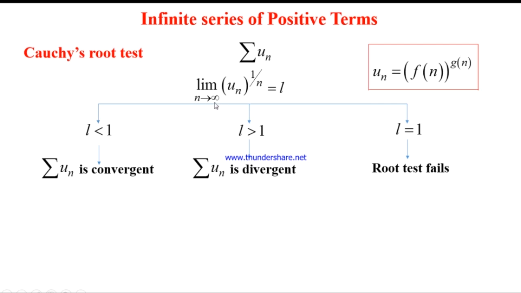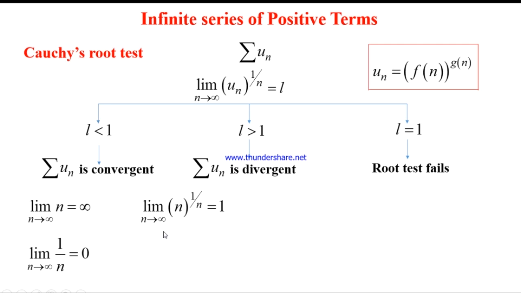And since we are finding the values of the limits here, we need to remember a few standard results with respect to the limits. We know as n tends to infinity, the value of n goes to infinity, and the value of 1 by n goes to 0. The value of n power 1 by n goes to 1.